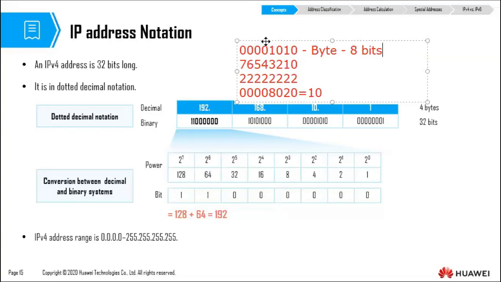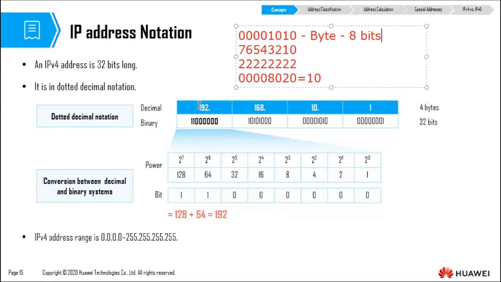So with IP addresses, of course, since they move from 0 to 255, each portion is made up of 8 bits. So simply means that the very first bit is 2 raised to power 0, then to power 1, all the way to 2 raised to power 7.